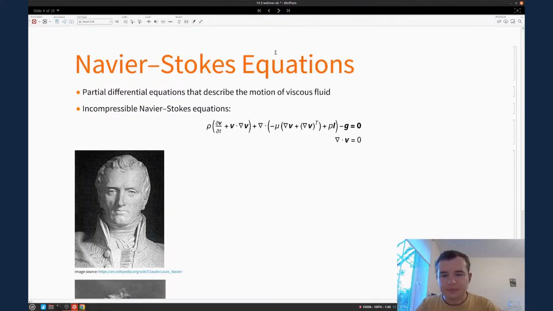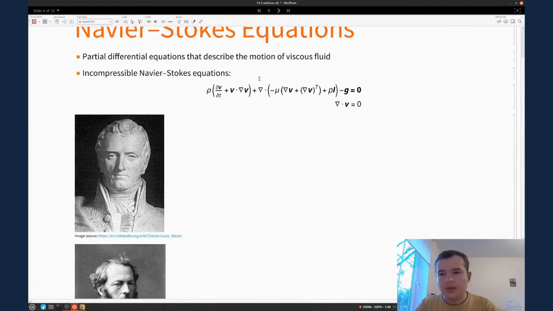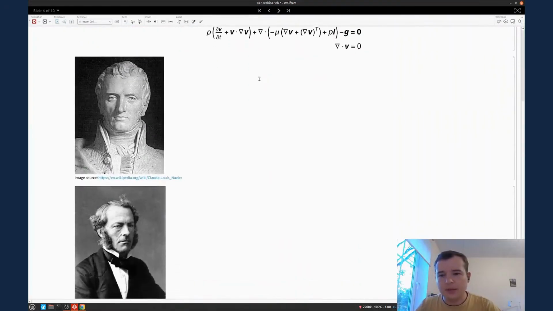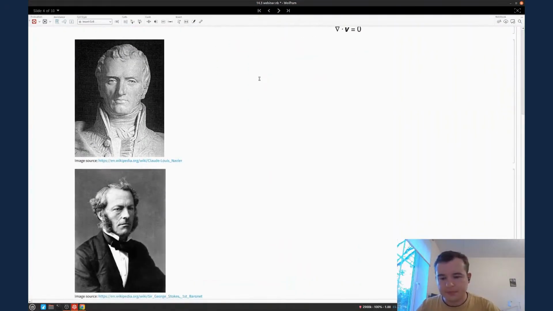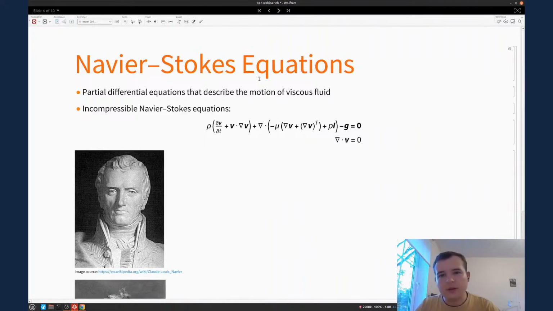The Navier-Stokes equations are named after French engineer Claude-Louis Navier and Irish physicist George Stokes, and are partial differential equations that describe motion of a viscous fluid.